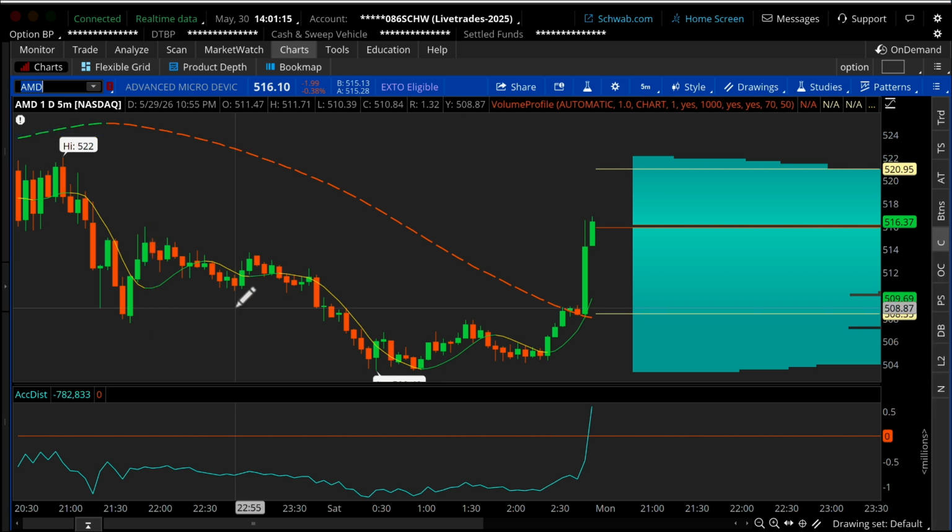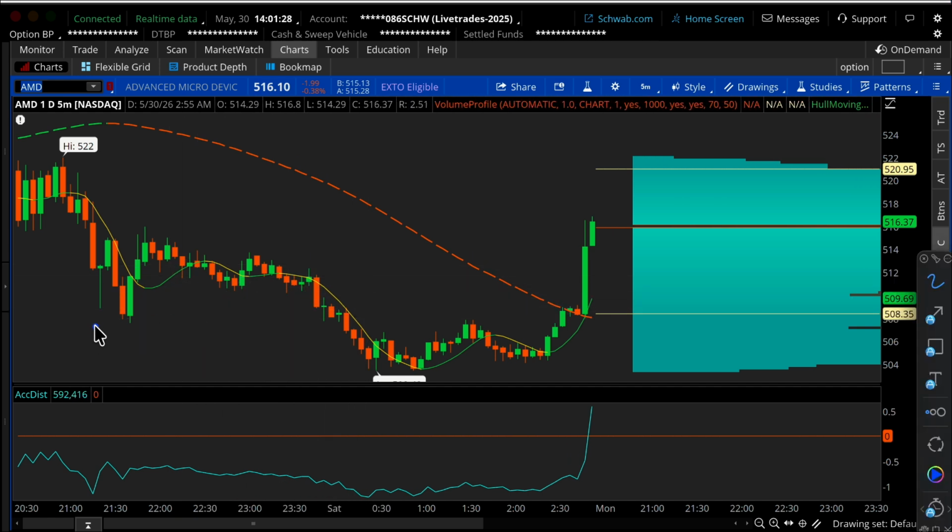Very profitable. Now, of course, if you're a position trader or a day trader, you're going to get days like this where you're going to have a walk down day, but the biggest move by far is right there.